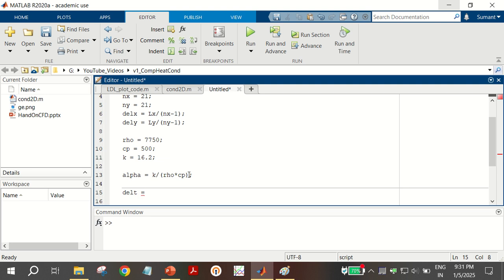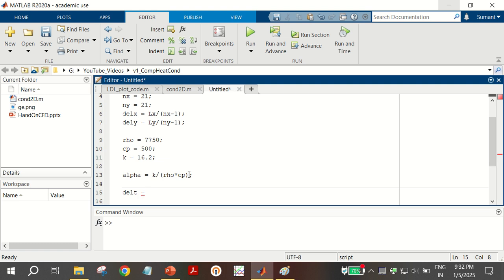Then you are completely missing that information. You will not be able to capture that. So always in an explicit algorithm, you need to threshold the delta t, and that is thresholded by the value of alpha, because it is the diffusivity. So how fast will this move?